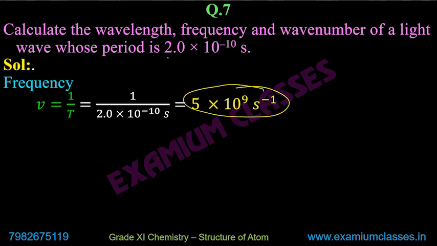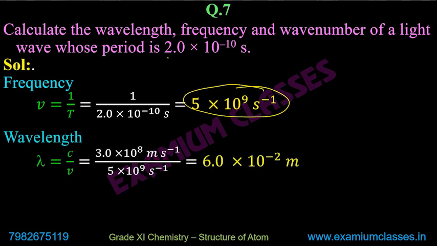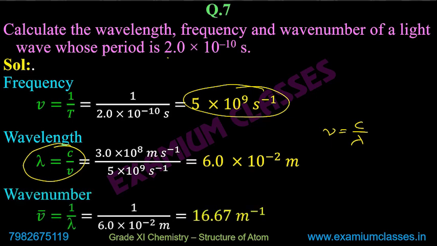Because nu is equal to c by lambda, lambda will be c divided by nu. c is 3 into 10 power 8. And wave number will be 1 by lambda. Get the answer.